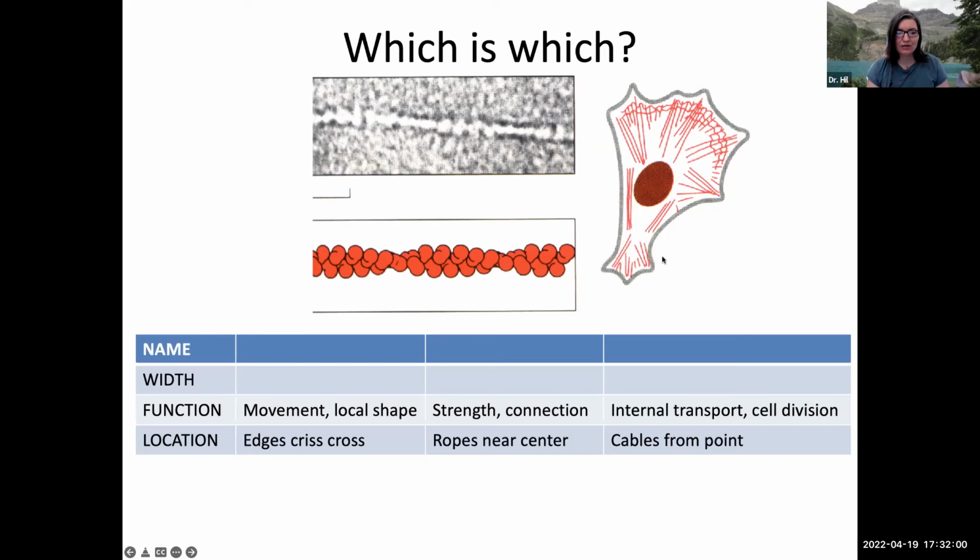Okay, so this actin, where does it fit in this little chart? Which of these functions best describes what actin is doing? The middle one, the left, or the right?